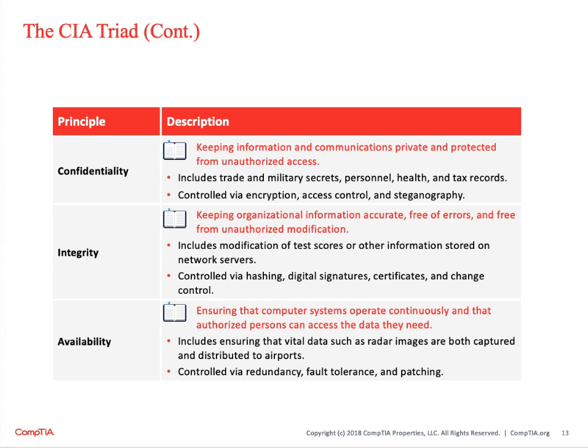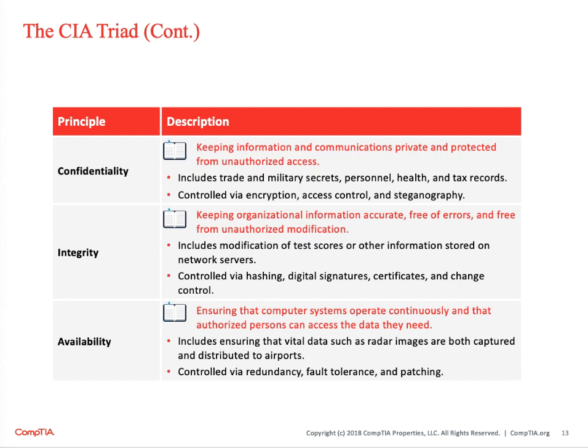And so maybe they changed grades, and that is an issue. So we control integrity via something called hashing, digital signatures, which involves hashing and a couple other things on top of that, certificates, which we're going to get into as well, and change control, right?